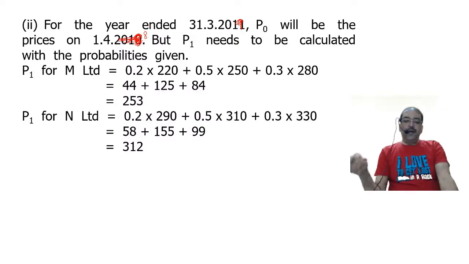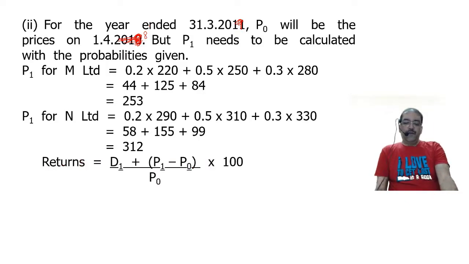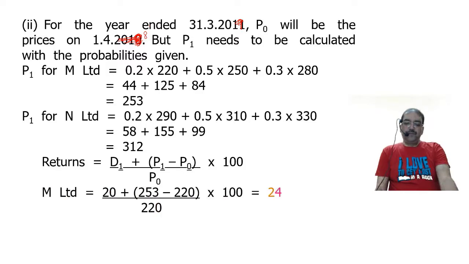Once you get the opening and closing prices, use the formula for returns: D1 plus P1 minus P0 divided by P0 into 100. So for M Limited, dividend now changes for the second year.